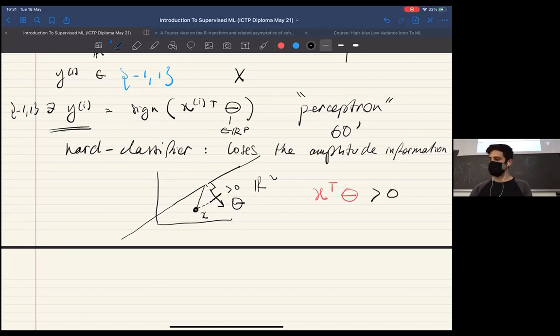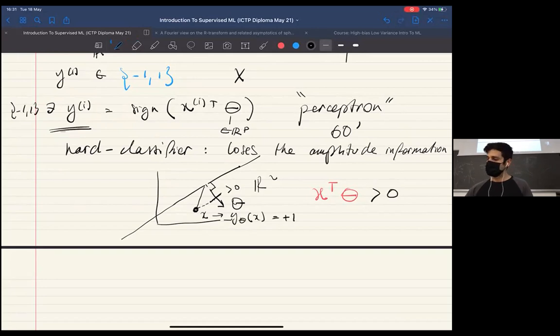Therefore you will classify as +1. The associated y, or if I use the notation of my estimate according to my model, would give a +1.